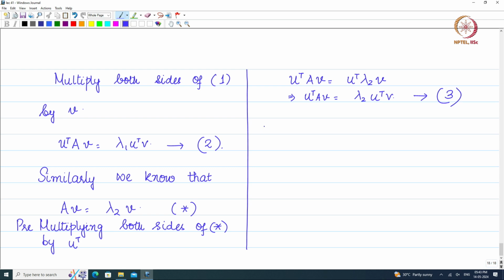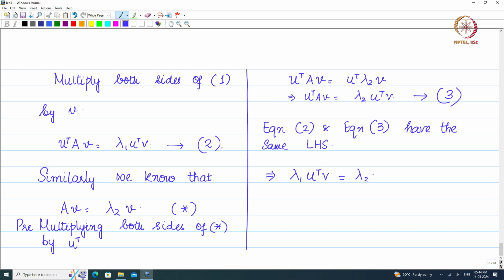Now, we see that equation 2 and equation 3 have the same LHS, which implies I have lambda 1 u transpose V is equal to lambda 2 u transpose V. This is what we have, which implies lambda 1 minus lambda 2 into u transpose V is equal to 0.